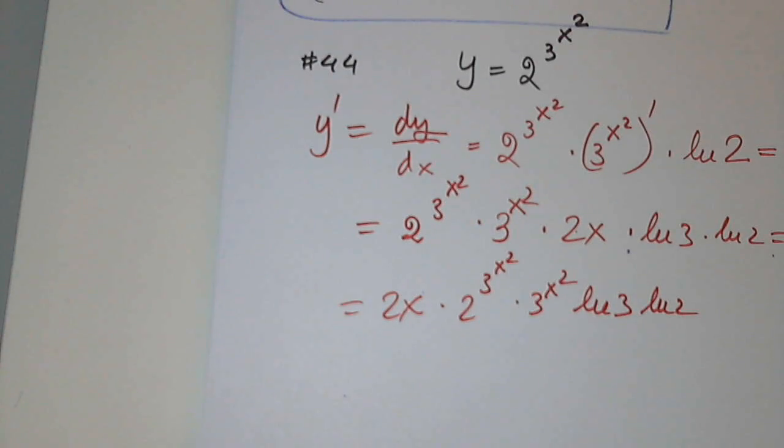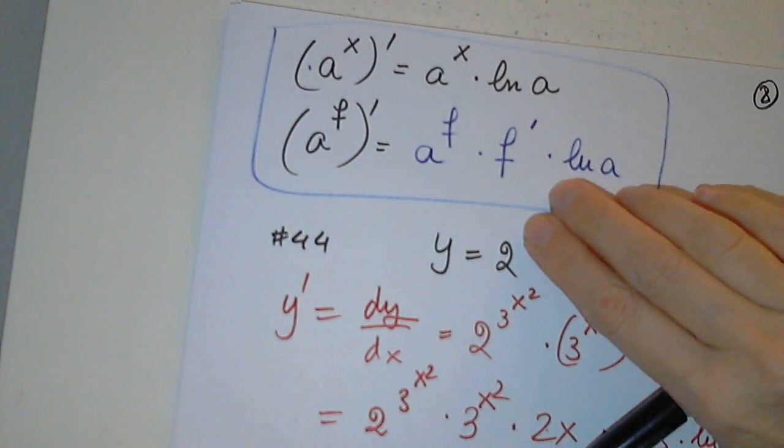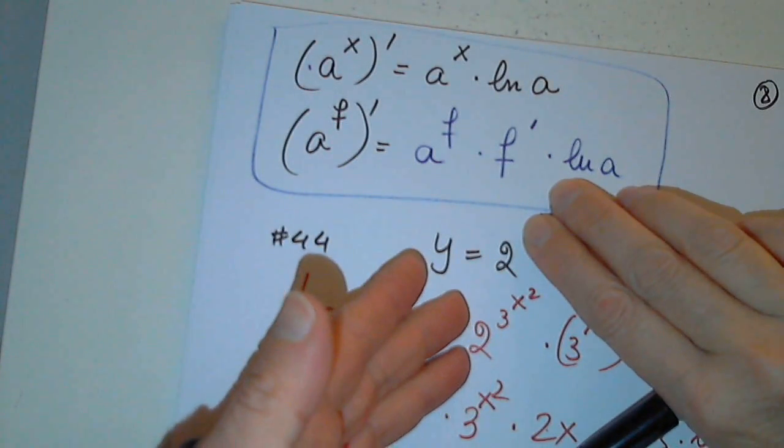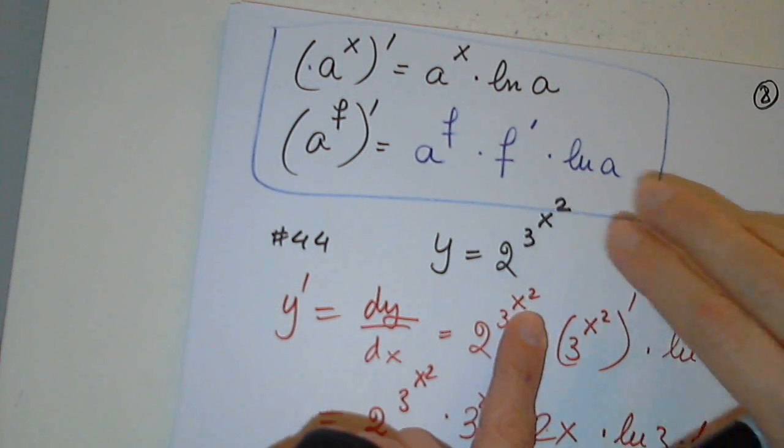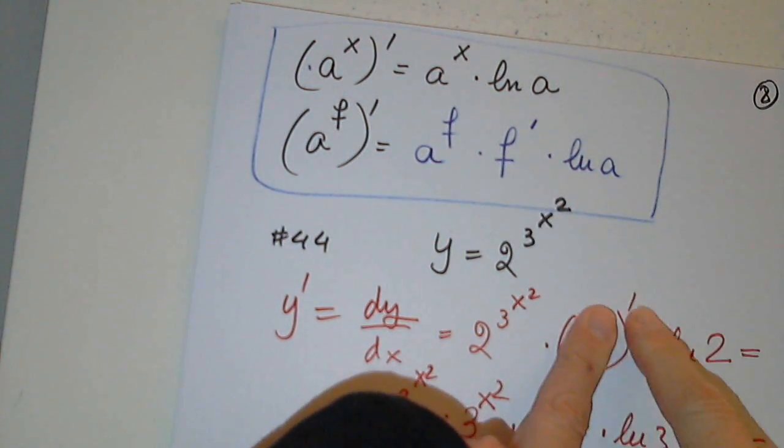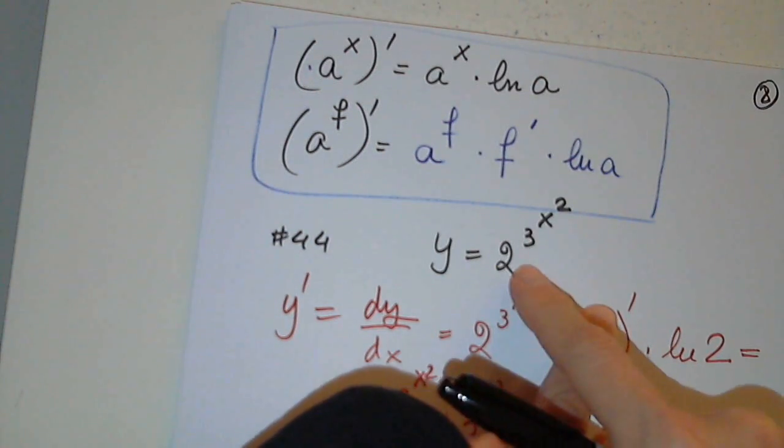This is a problem that looks very difficult initially. But please literally cover it while thinking. Okay, I'm differentiating 2 to a power. 2 to a power prime is 2 to the power times the power prime, the function prime, times natural log 2.